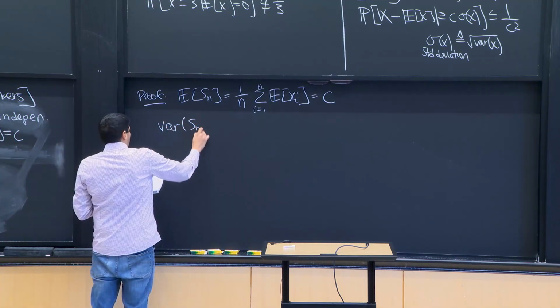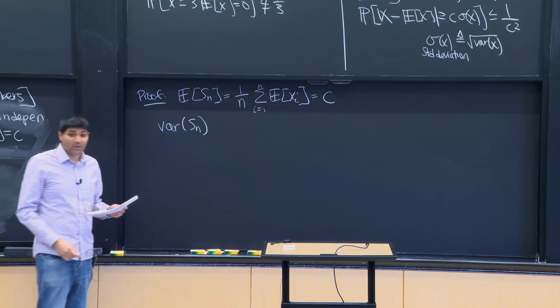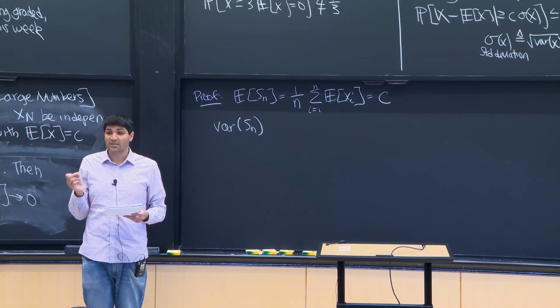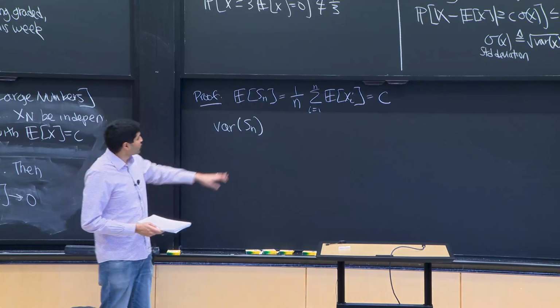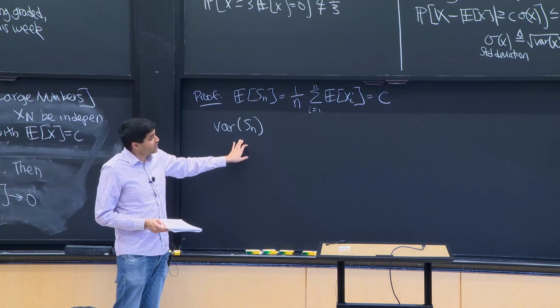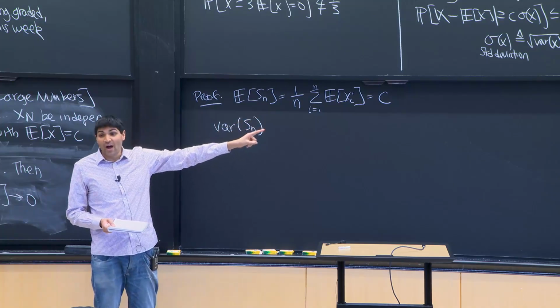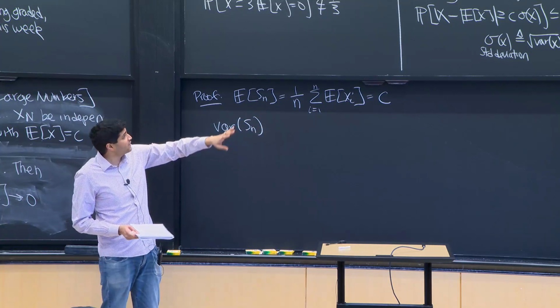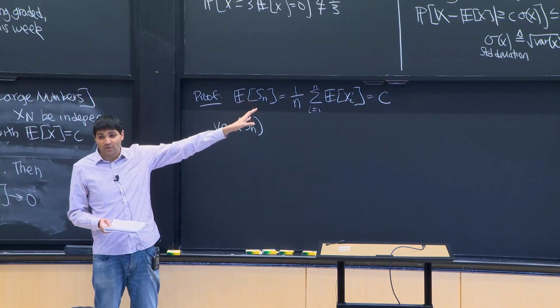We're not going to be able to get by using Markov's bound. We're really going to have to use Chebyshev. And that's where independence is going to save us. So remember, for Chebyshev's bound, I need to know what the variance of my random variable is in order to quantify how close a random variable will be to its expectation. Because that's the thing that shows up in my statement of Chebyshev.